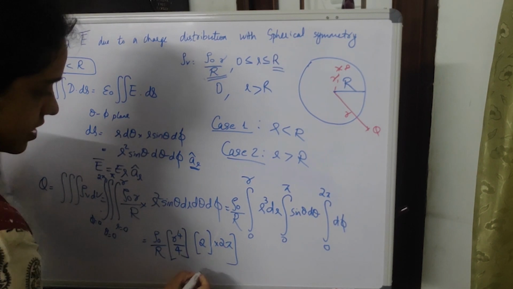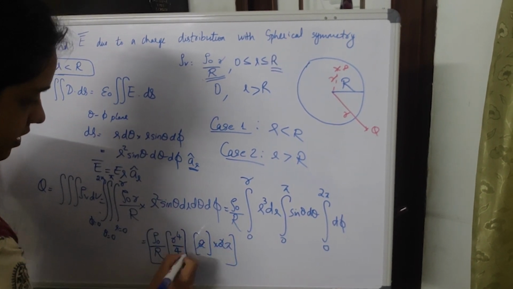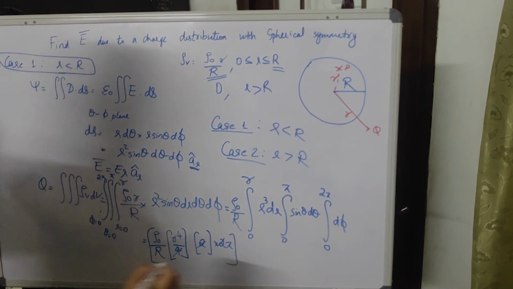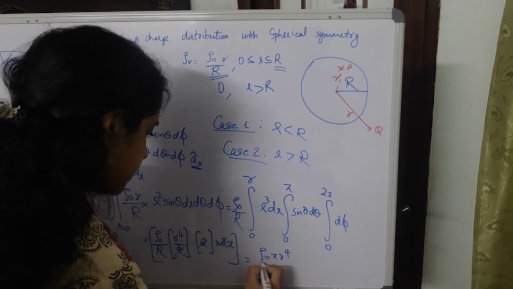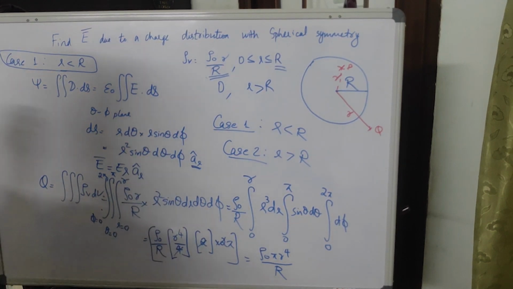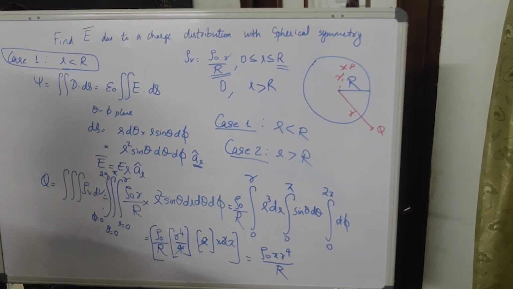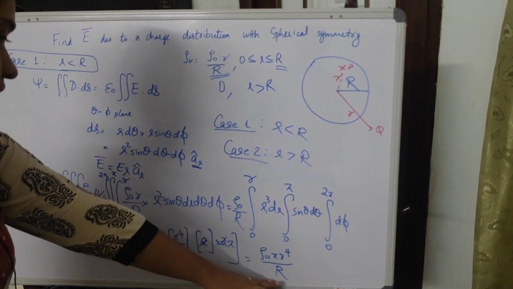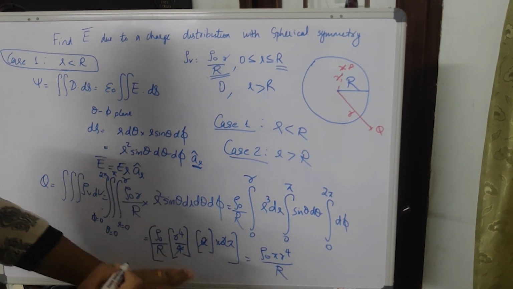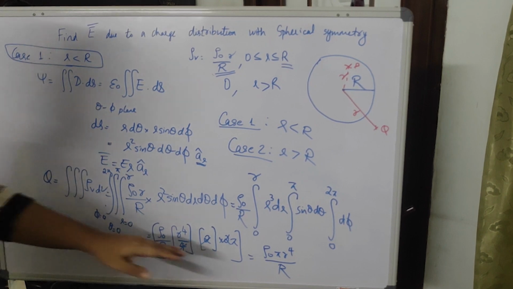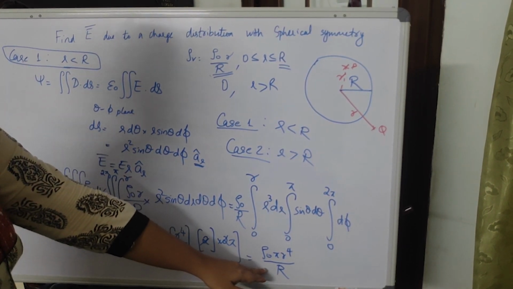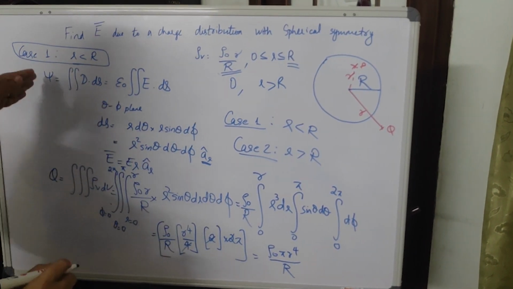The 4 will get cancelled and you get rho naught pi R raised to 4 by R, that is, rho naught by capital R into pi into R raised to 4. This is the total value of charge Q. Now what you have to do is equate this with your psi value.